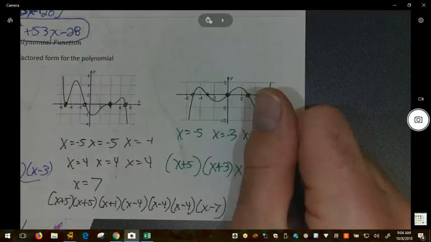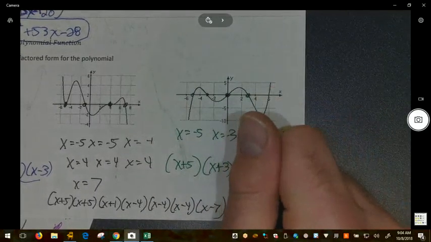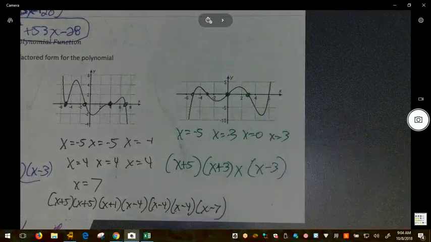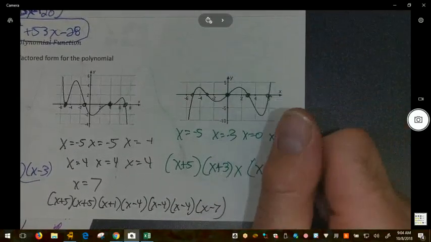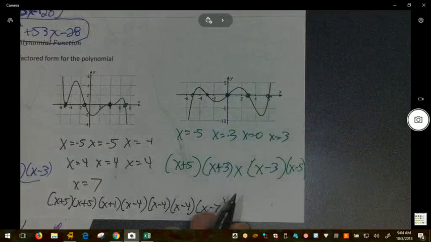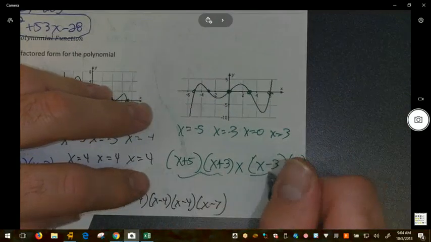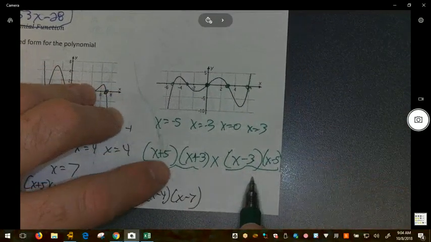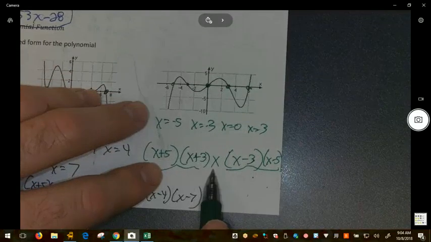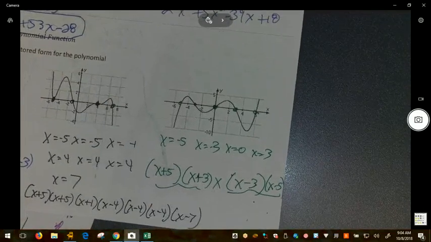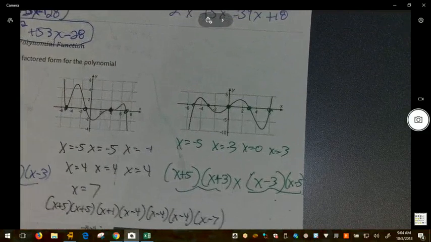Here we have x equals 3, so x minus 3. And here we have x equals 5, so x minus 5. You could do this product and this product to get two quadratics, multiply them together, and distribute x into everything, and you would get your polynomial function.